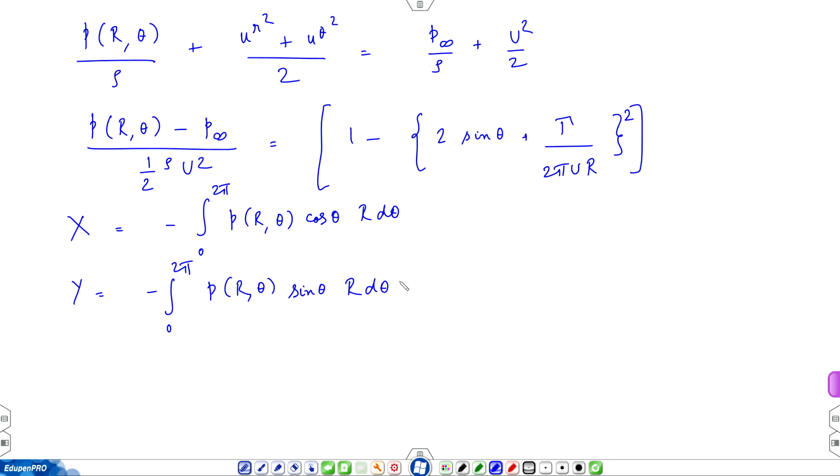Take a small element, multiply pressure by the small area, then take the component and integrate over the surface of the object. So, now you have to carry out that integration. The second term, gamma over 2 pi R, is a constant, it is independent of theta. So, you just have to integrate the terms involving theta.